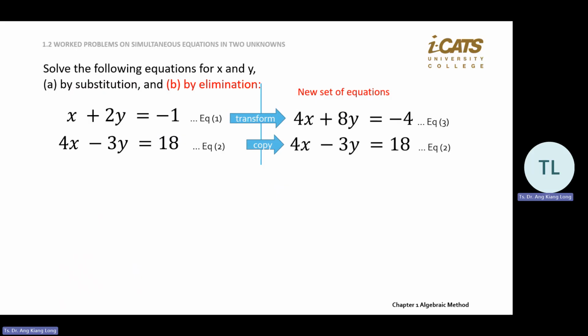I want to see you write the two equations together and then show me the working. To eliminate the unknown, you can use either equation 3 plus equation 2 or equation 3 minus equation 2. Elimination means you use addition or subtraction.